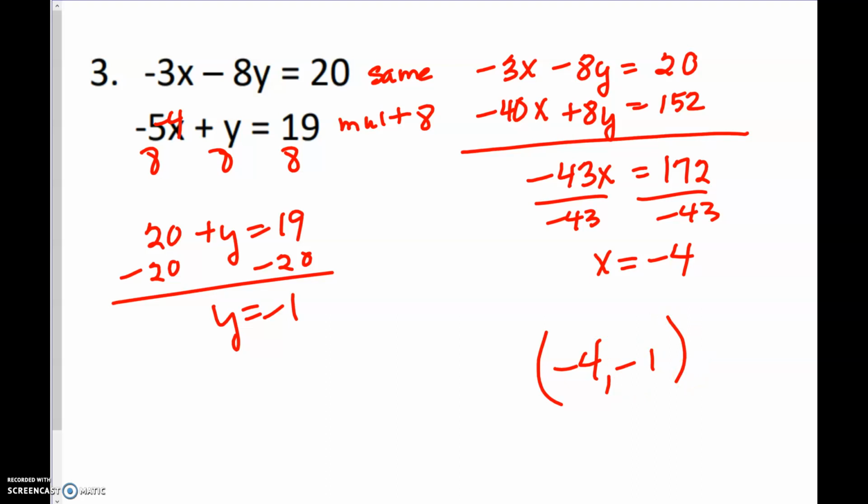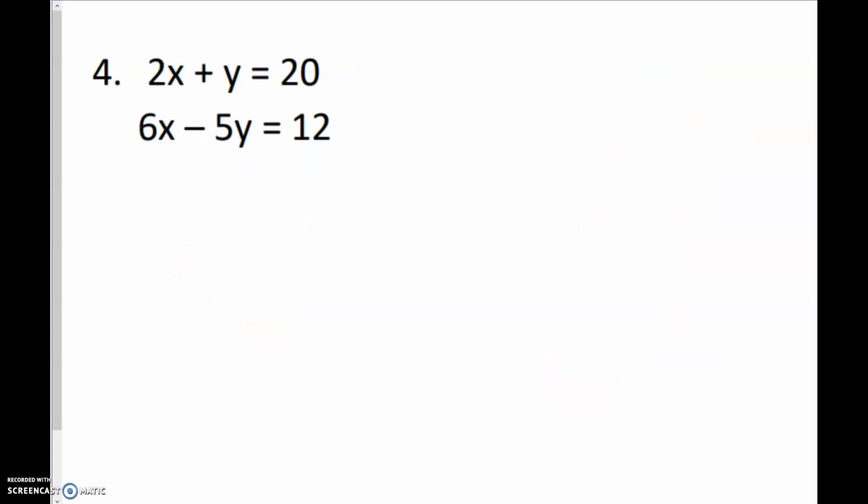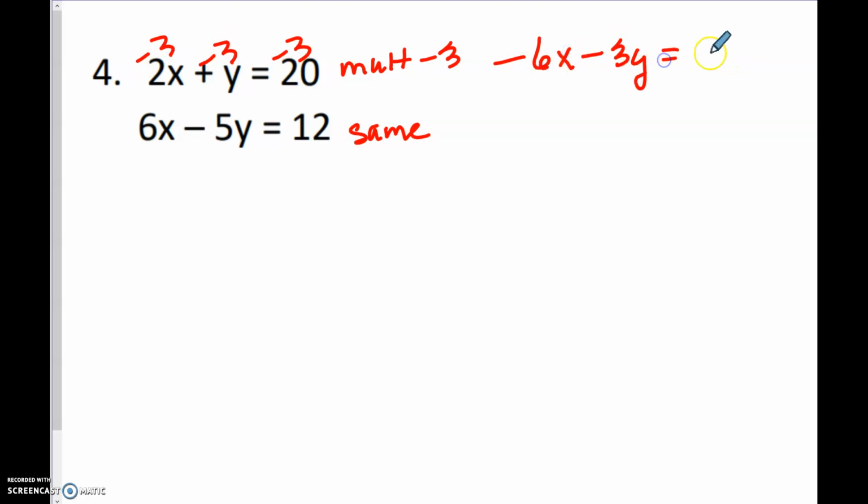All right, last problem here on this worksheet. All right, I can multiply this top one here, so I'm going to multiply by a negative 3, and I'm going to keep this one the same. So negative 3, negative 3, negative 3. So I get negative 6x minus 3y and a negative 60.